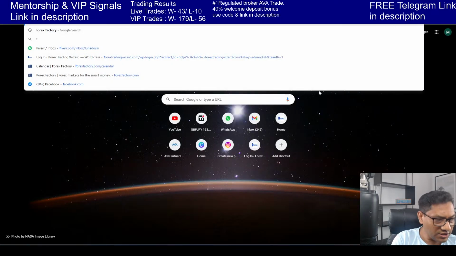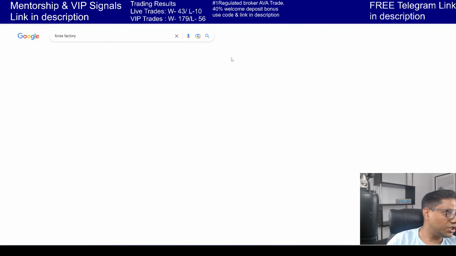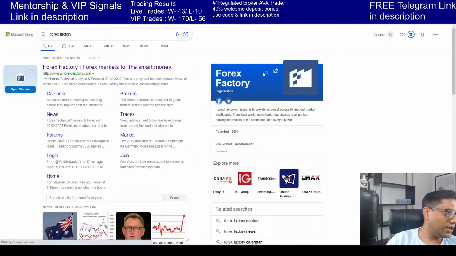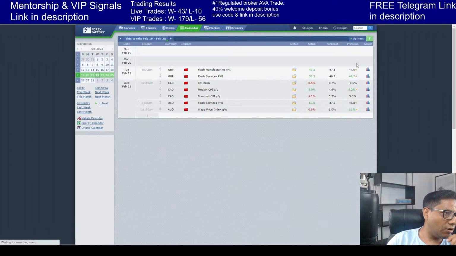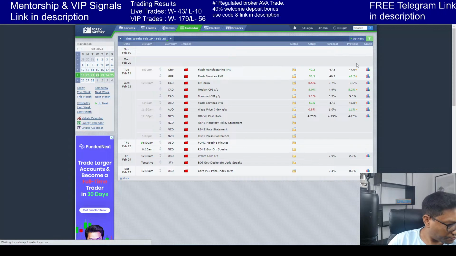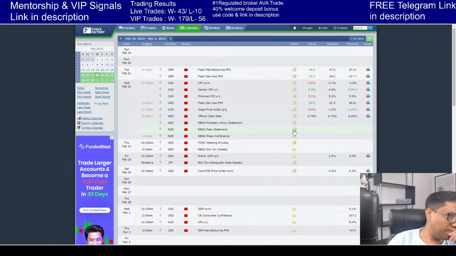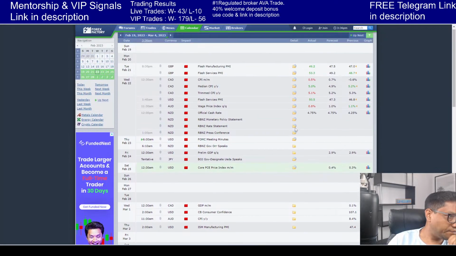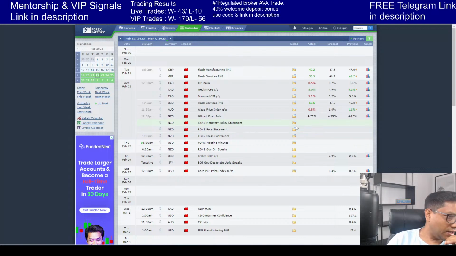Now let's look first of all at the news calendar to see how the market might be moving later today. If we look at the news calendar on Forex Factory, today AUD news has already been released, NZD, and coming up USD early morning in our zone.